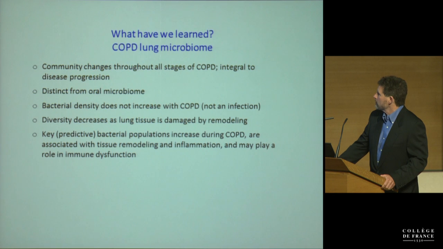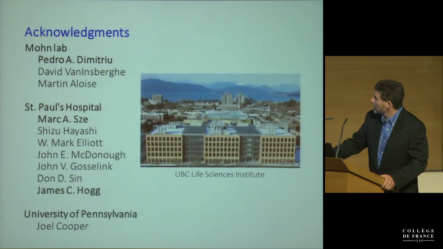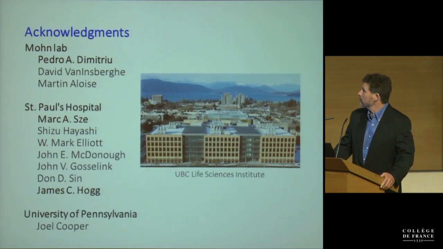I think one of the most important hypotheses to be tested is whether the establishment of these populations may actually catalyze the progression of disease in individuals who have an immune system that's predisposed to the development of COPD.